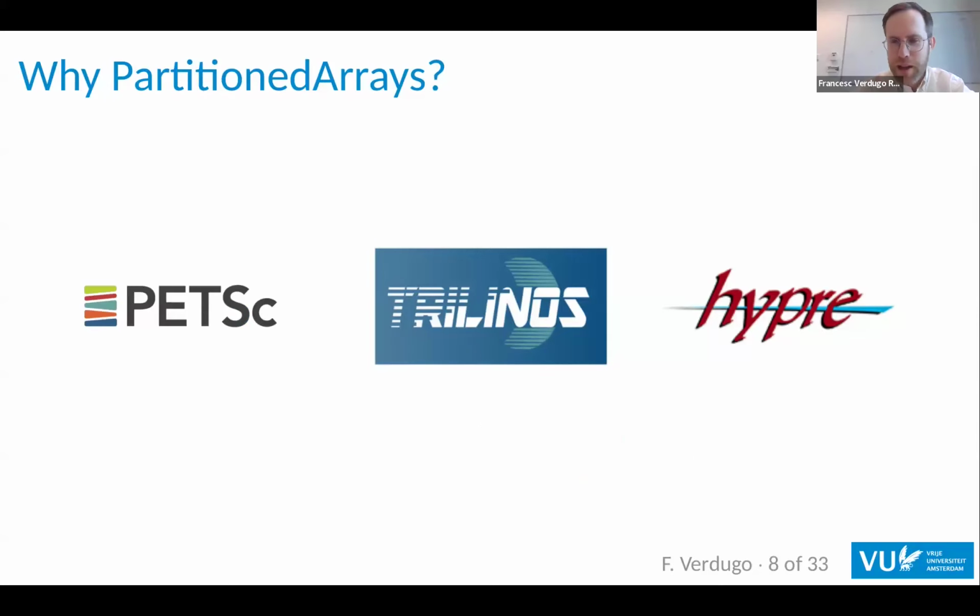There are very well-known libraries like PETSc and Trilinos that provide similar functionality. And I think the first question I want to answer is why we decided to create a new library. What is the added value of PartitionedArrays with respect to these other libraries, which, by the way, are very well-known projects, very well-funded projects, with a lot of tradition and expertise behind them? So why do we want to create another sparse linear algebra library?